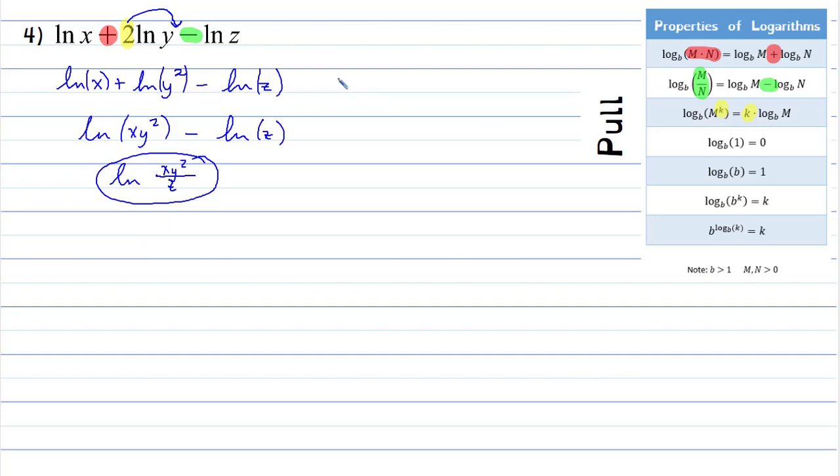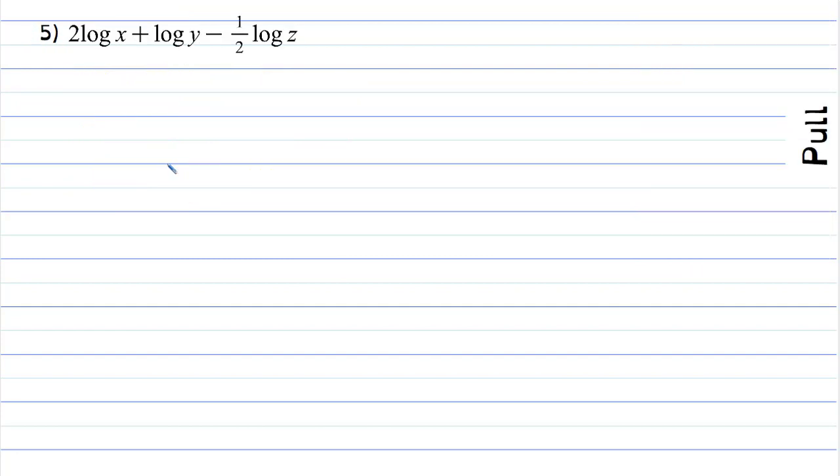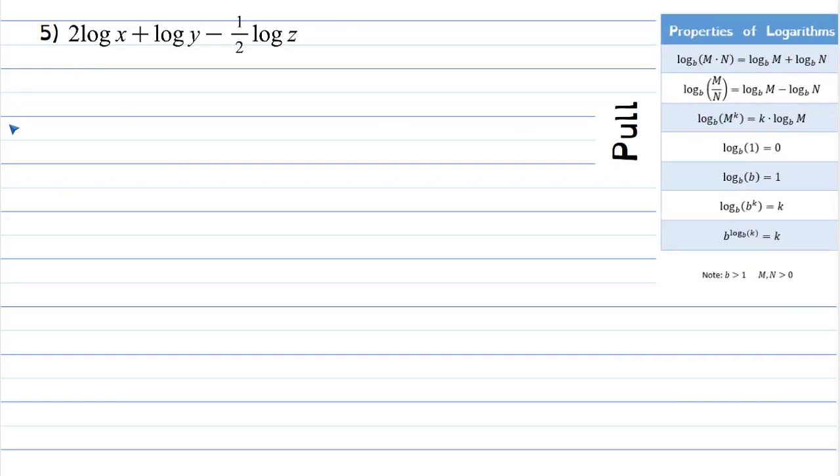You could have done this all in one step and jumped down to here. Just remember, anything that had a minus sign in front of it is going to go in your denominator. Anything with the addition sign in front of it is going to be a part of your numerator. So let's do one more of those type before I let you work on one on your own. Again, let's look and see what properties we have and which one they go with. I had that 2 and the 1/2.